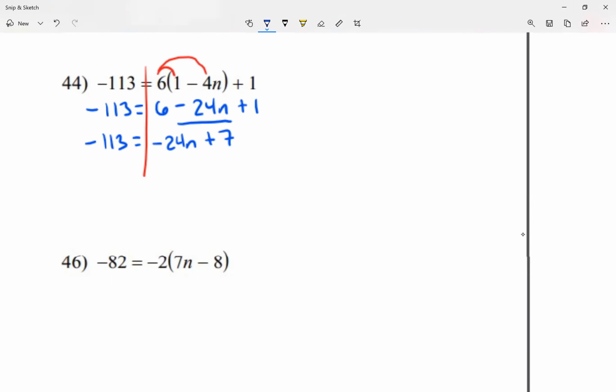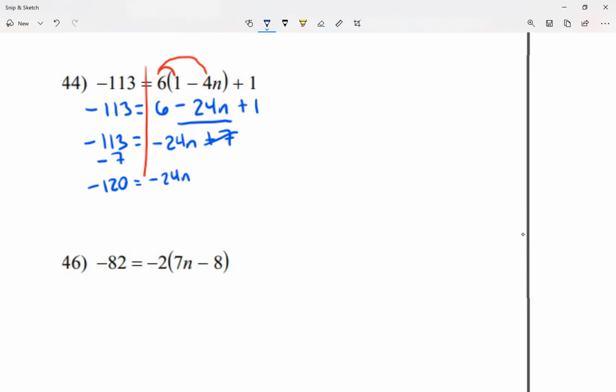Now I want the letter by itself, so the negative 24n, and I want it by itself, so the plus 7. Let me move it over as a negative 7. So I have a negative 120. Remember, when the signs are the same, you add the numbers, obviously keep the sign, so negative 120 equals negative 24n.